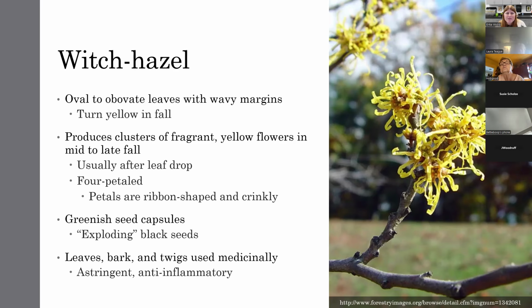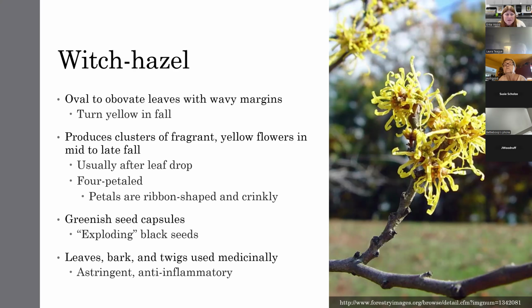And so it is these really pretty fragrant yellow flowers. They're four petaled. It can kind of be hard to tell with that, but they're very crinkly and ribbon shaped. And usually these flowers are not coming on until after the leaves of this plant have already dropped for the season.